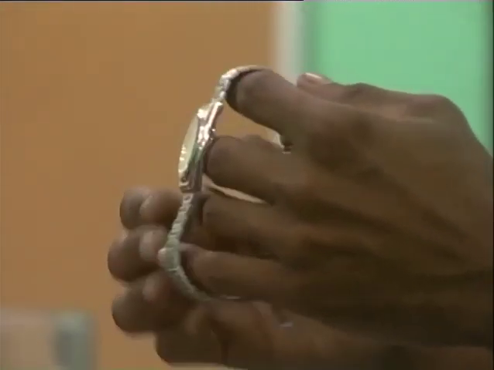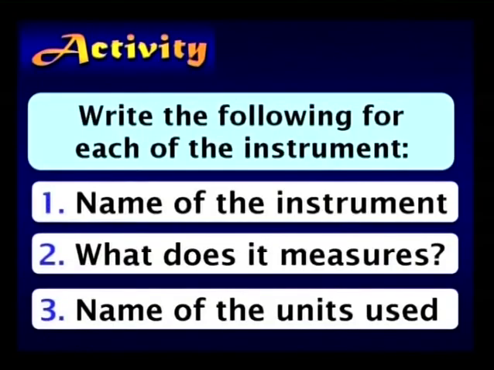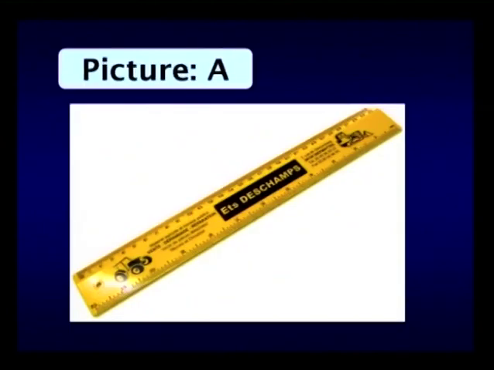Okay. Now your instruction. Let's go back to the instruction again before we begin our activity. Our instruction. There are 3 things that you will do in this activity. So have a look at that instruction carefully. Remember. And the first picture. Your first picture is on the screen. Remember your instruction and answer the 3 things that you have to do. Instruction.